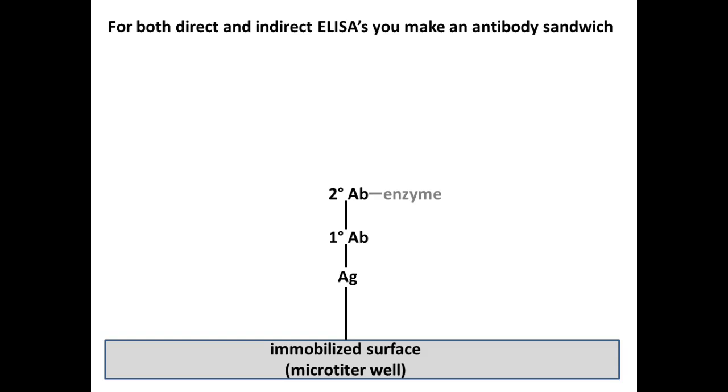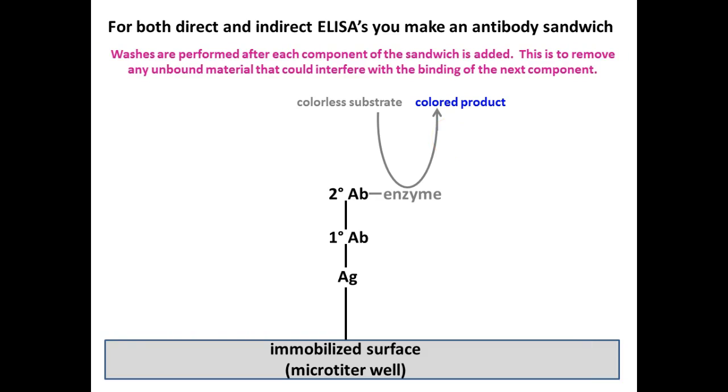If we get this sandwich of antigen, antibody, antibody, when we add our colorless substrate, we'll get color production because the enzyme converts it, and we'll get this blue color. Washes are performed in each step so that anything that does not bind gets washed away, and it doesn't interfere with the accuracy of our results.